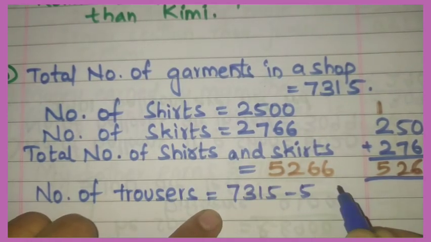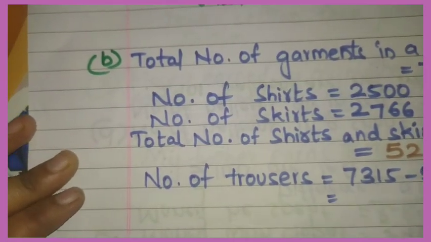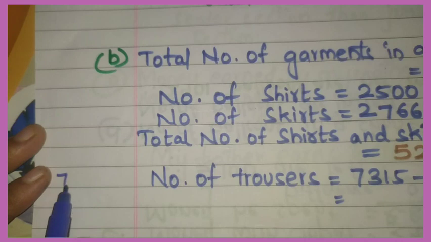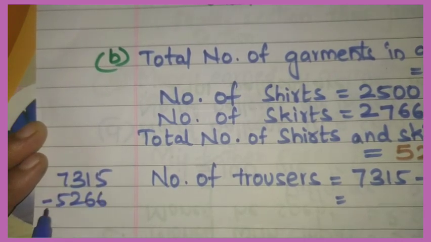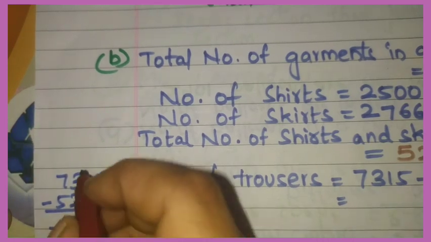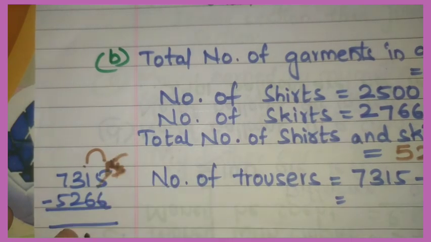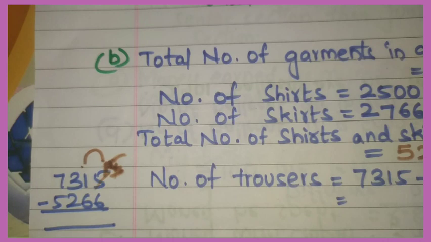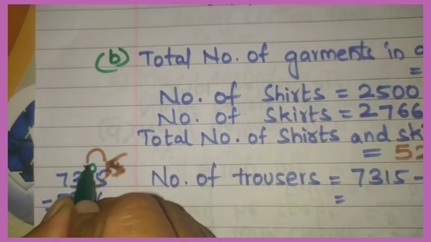7315 minus 5266. Okay, we'll do here. From 5 we cannot subtract 6, so we have to take borrow. It will be 15. 15 minus 6 is 9. It will be 0.